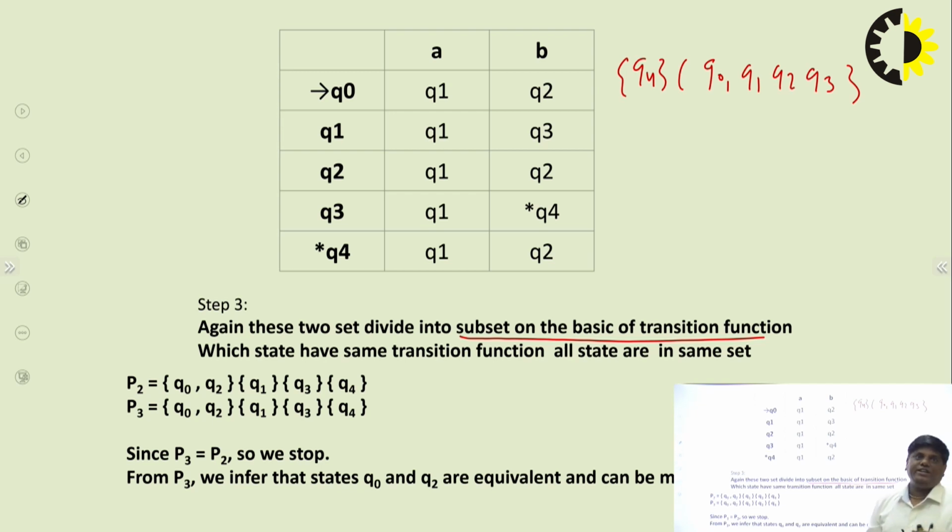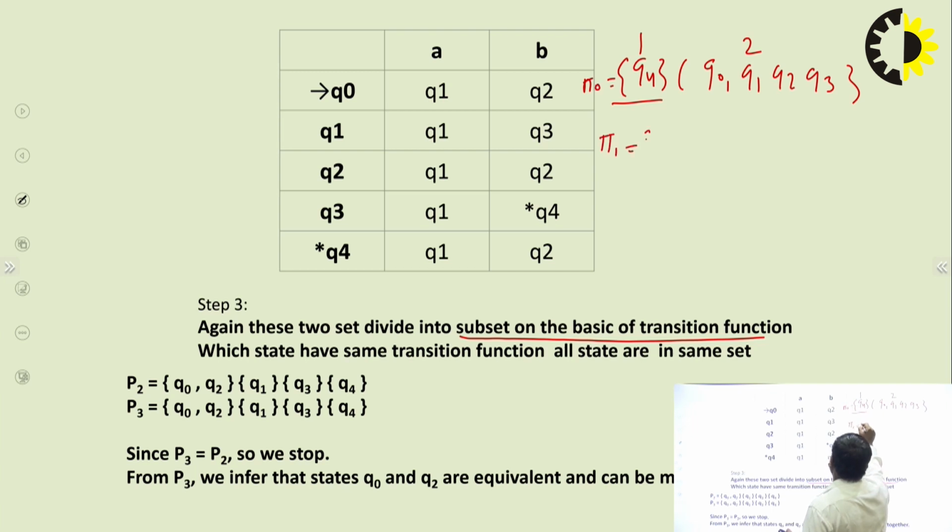Which states have the same transition function lie in the same set, and which states have a different transition function lie in a different set. Q4 is a single state, so it is not divided further.